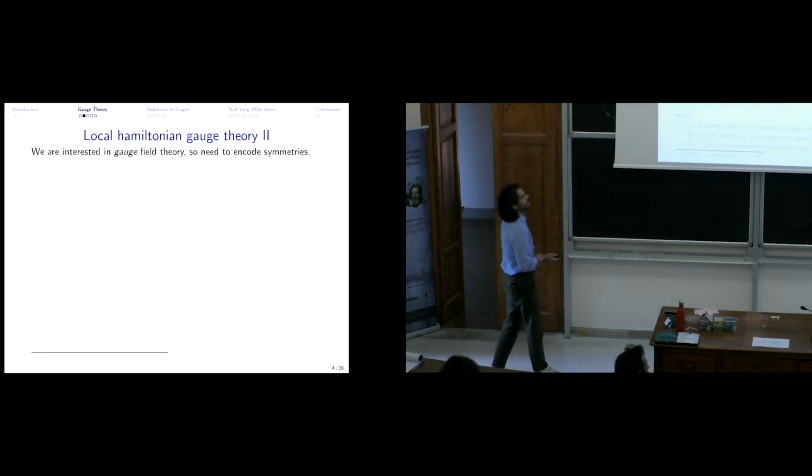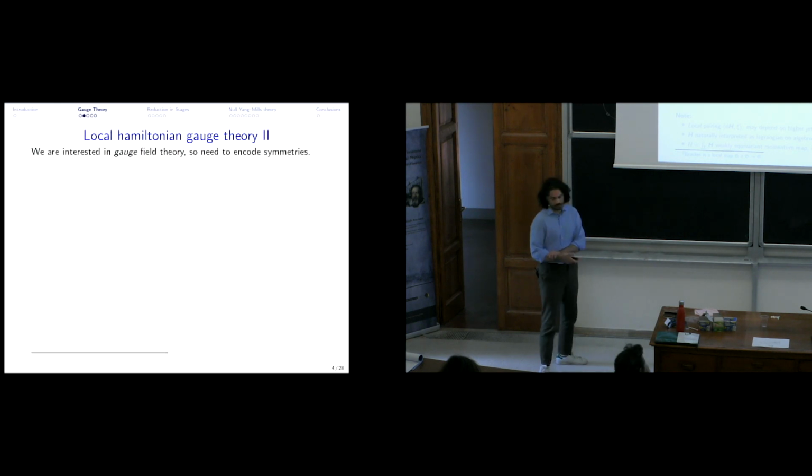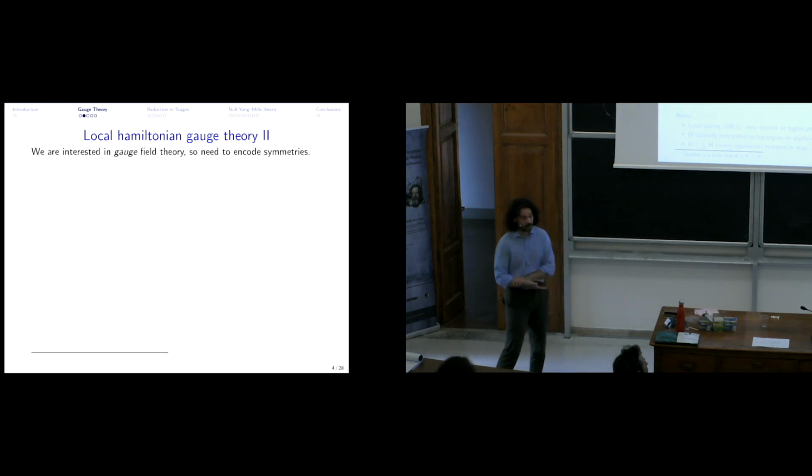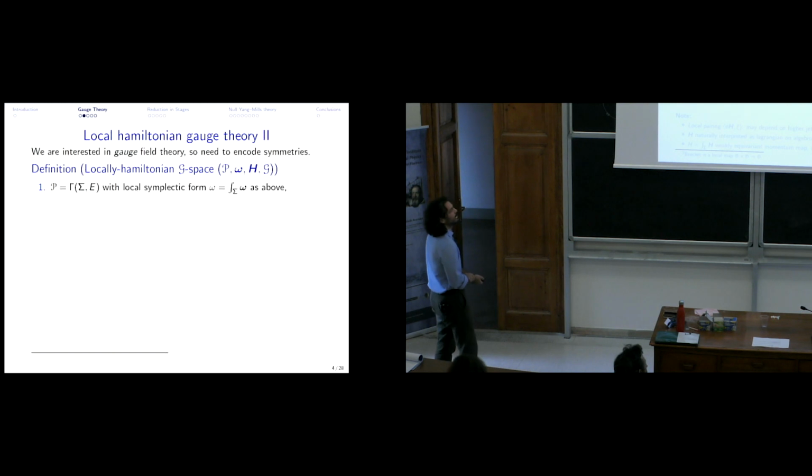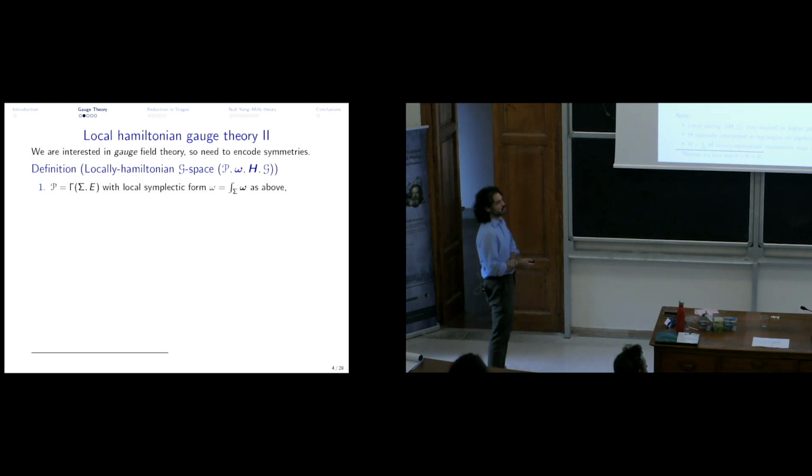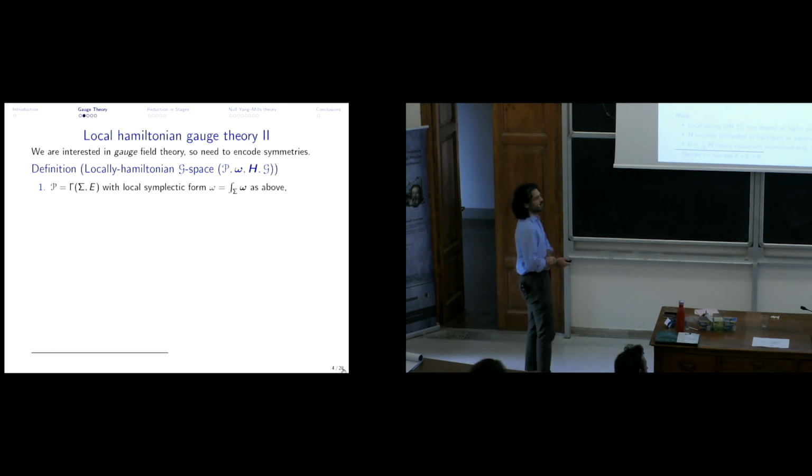Because we're interested in gauge field theory, I need to tell you what a group action is, and this is the definition I will use throughout. So let's consider the space of fields I had before with a local symplectic form.